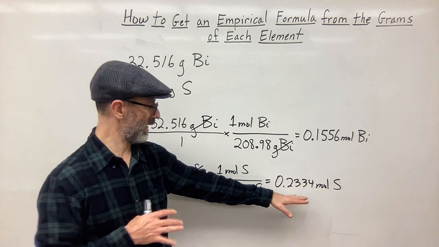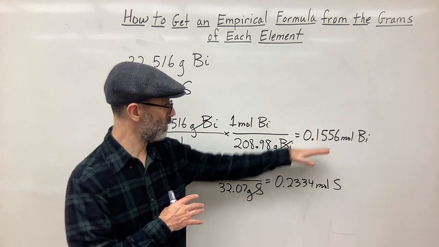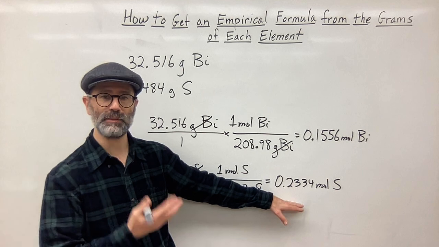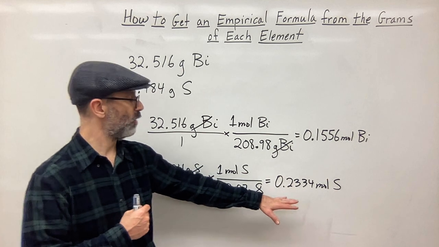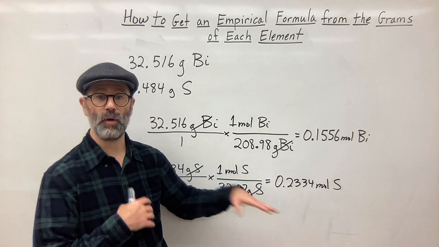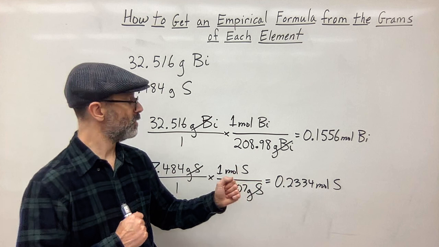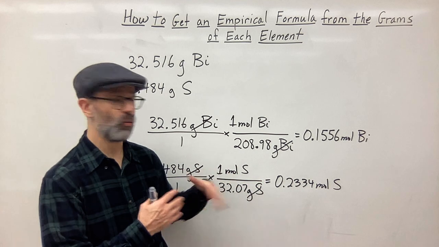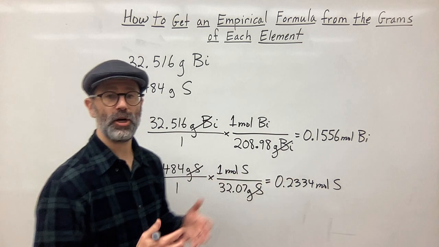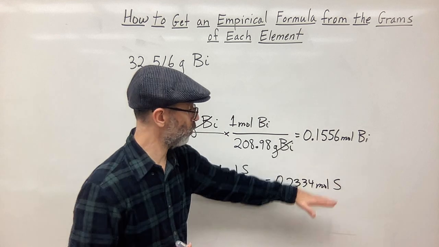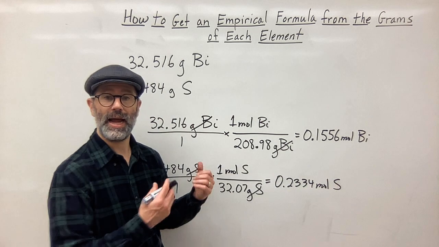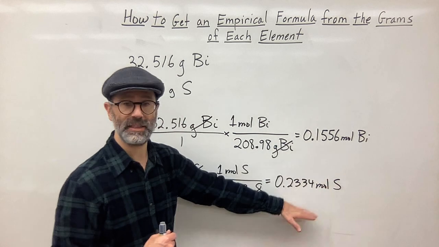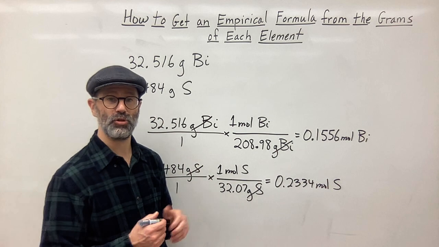So now that I have the moles of each element, this will create my mole ratio. Right now, I have a ratio between these two, but it's not a simple whole number ratio. I would like to have a ratio of 1 to something, so I need to divide one by the other. But first, since these are moles, these are my subscripts. I'm going to have these as subscripts in what is called a pseudo formula.